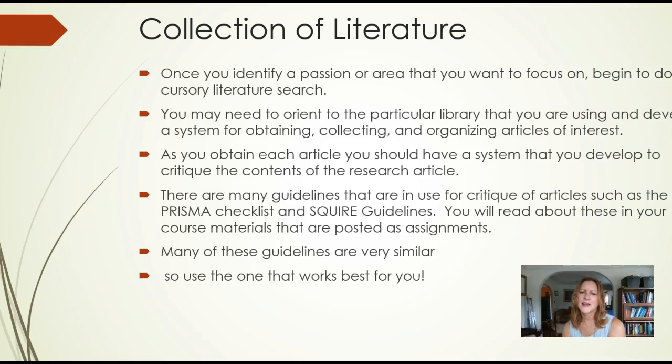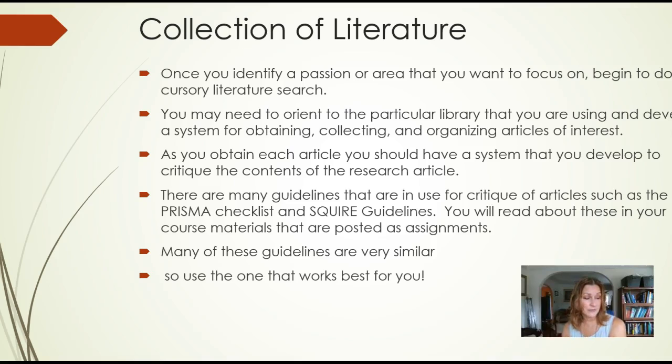There are many guidelines that are in use for critique of articles, such as the PRISMA checklist and SQUIRE guidelines. Readings are posted on our site this week about the SQUIRE guidelines and the PRISMA checklist. There's a PRISMA online site that gives you an incredible amount of detailed information regarding the PRISMA checklist.